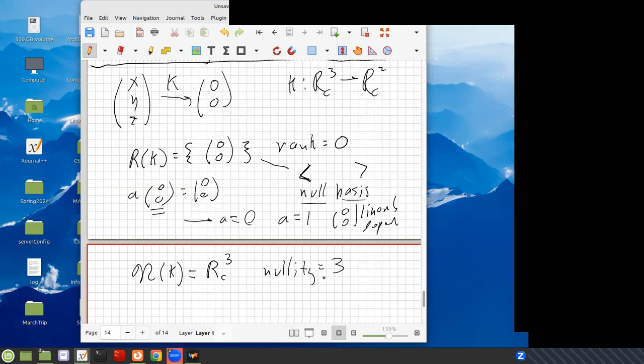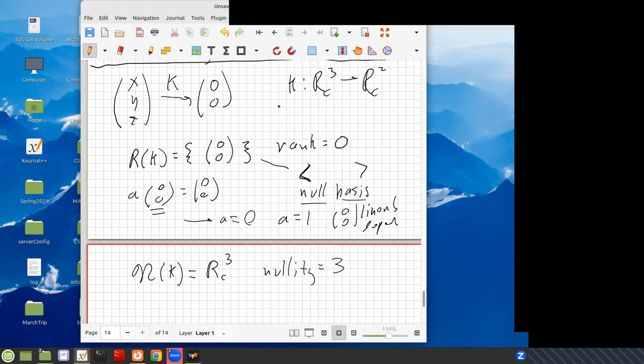Okay, so it's maximally not 1-to-1 and maximally not onto. It's the furthest you can get from being an isomorphism, because everything goes to the 0 vector. That's the only way to get nullity equal to the domain.